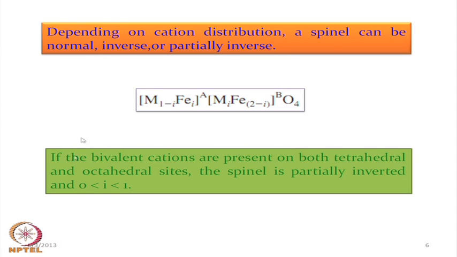If it is 0 we have the normal one, if it is 1 we have the inverse one, but if the I value is in between, we have the partially inverse spinel.